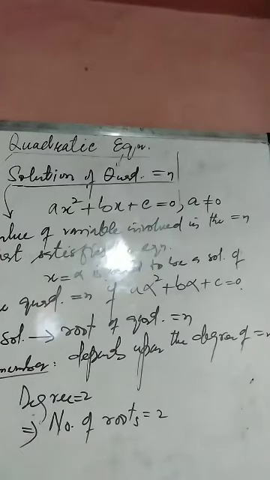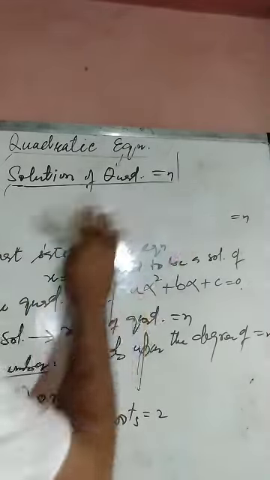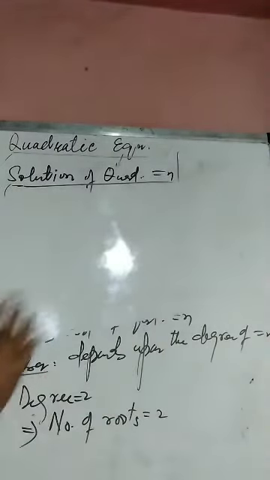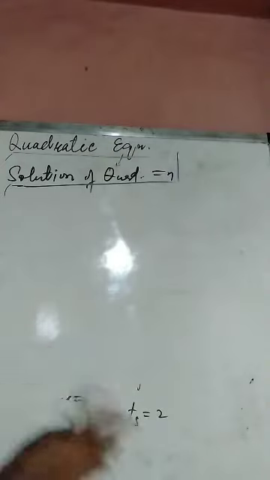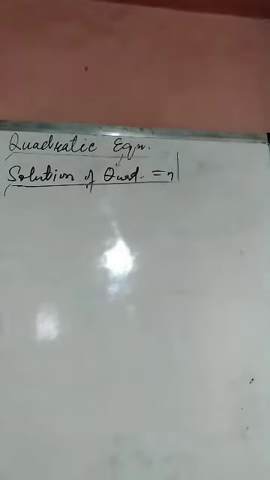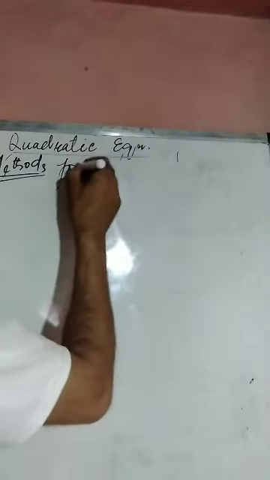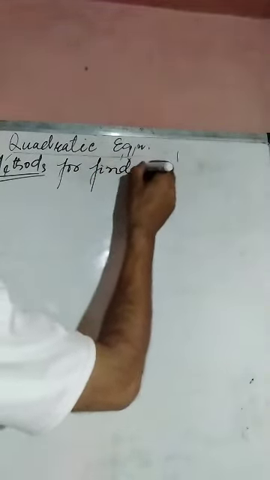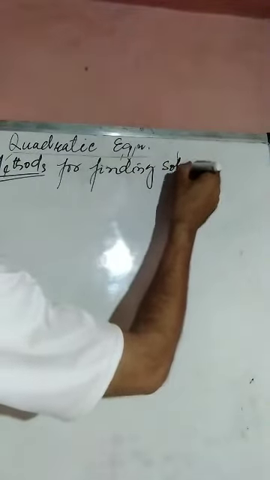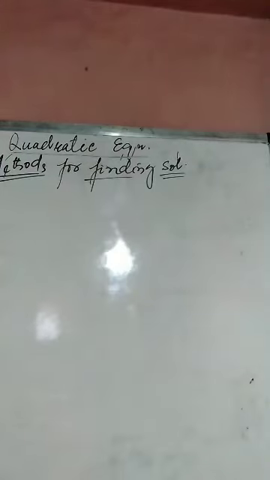Now dear students, there are different methods of finding the solution of a quadratic equation or for finding the roots of quadratic equation. We will discuss now methods for finding the solution of quadratic equation.